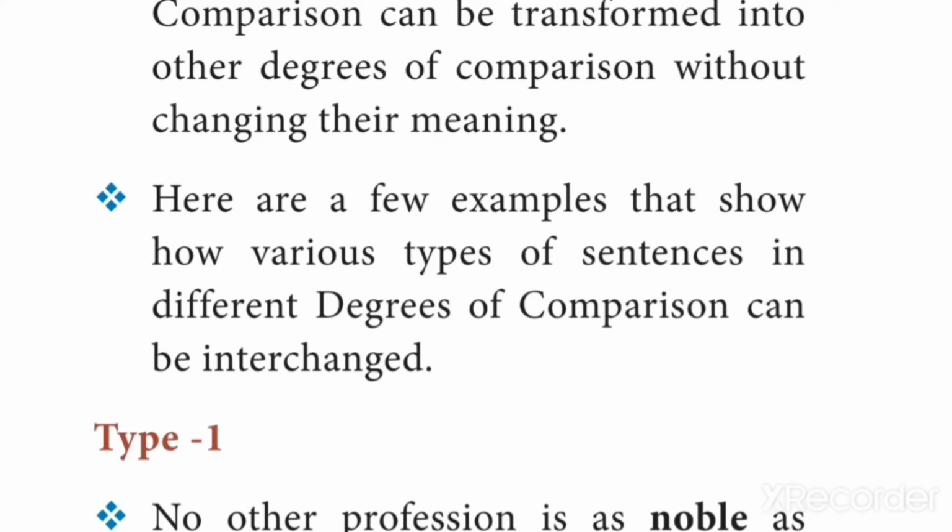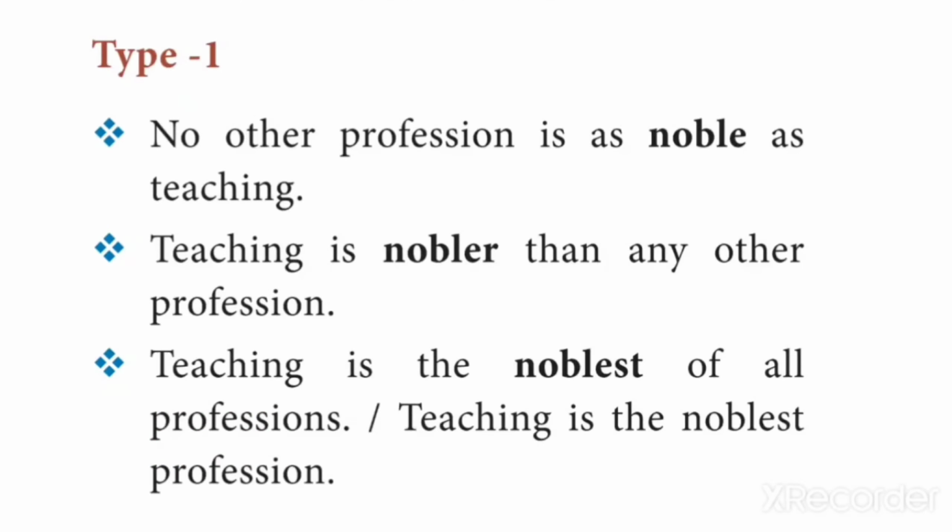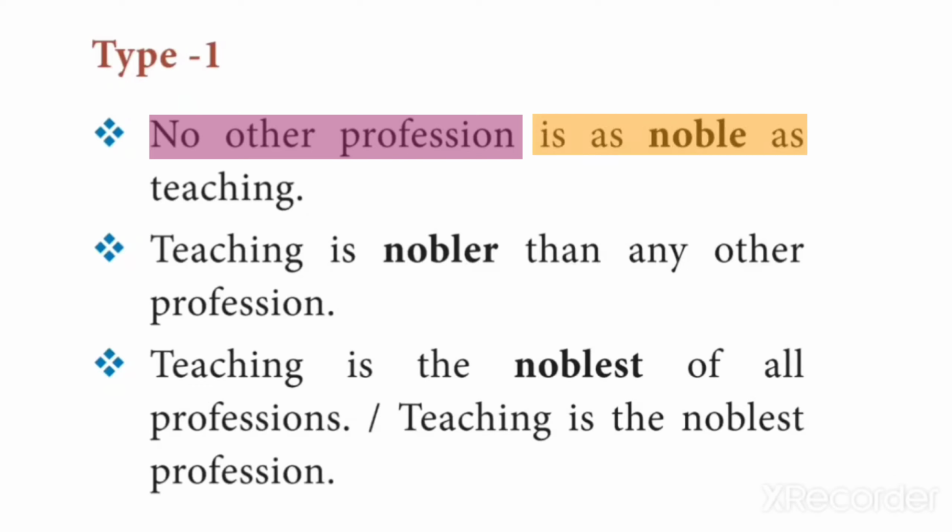And here are a few examples that show how various types of sentences in different degrees of comparison can be interchanged. We see the examples here. Here, type 1. No other profession is as noble as teaching.